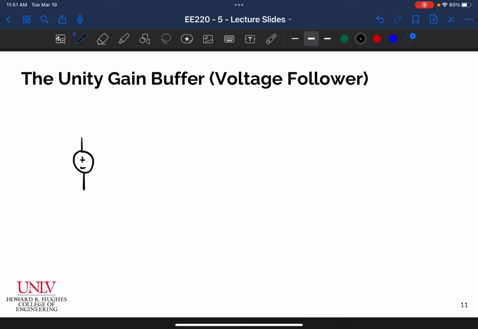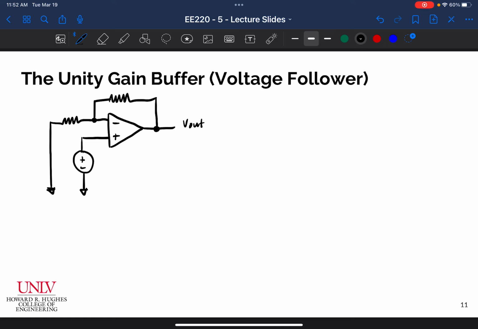why it's useful. Okay, so I'm going to go back to drawing the op-amp configuration that we saw originally. I've got my R1 here and my feedback resistor here. All right, and then this goes to ground as well, just like this. And this is my V out.